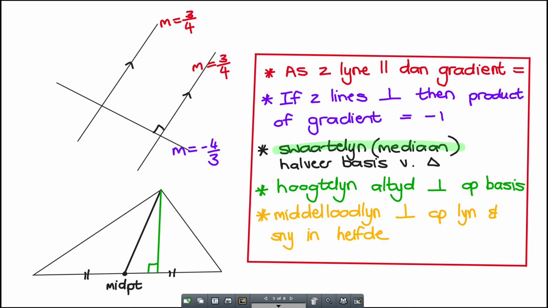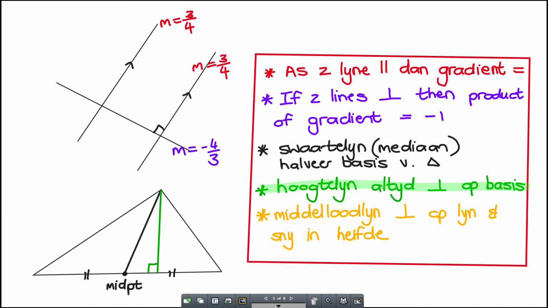Okay, have a look at number 4. At number 4 it says, find the equation of the altitude CD. Okay, nou wat is altitude nou weer? Ek het dit nooit hier vir julle geskryf nie. Ja. Okay, so dit is my hoogtelyn en wat weet ons van die hoogtelyn?